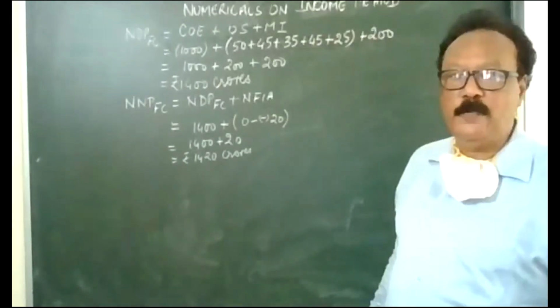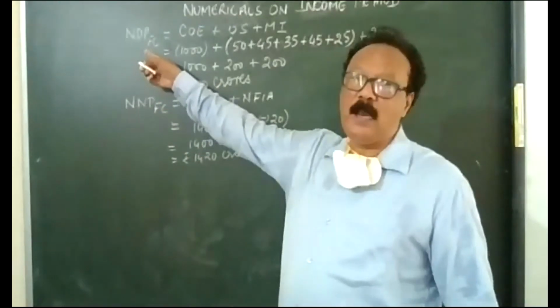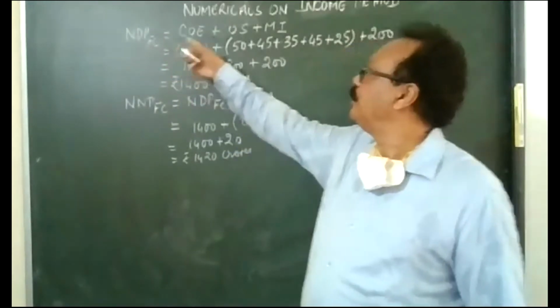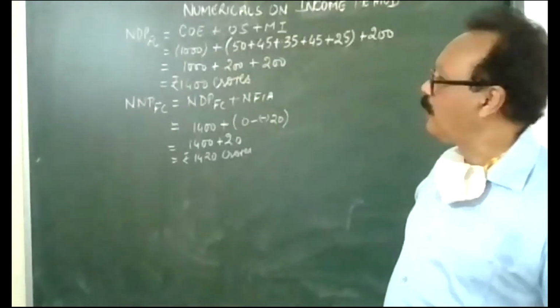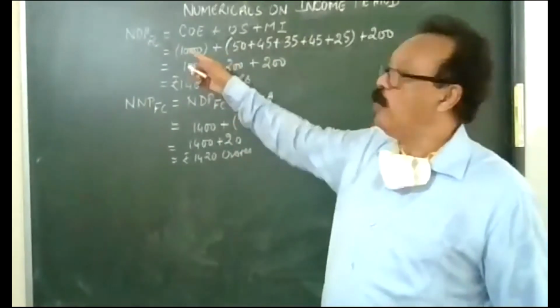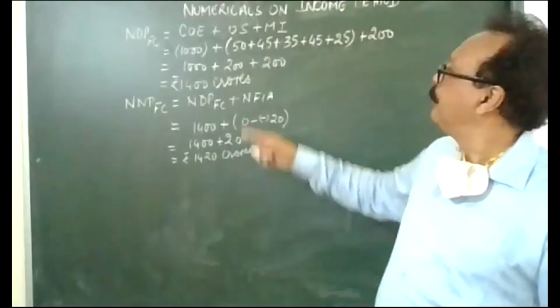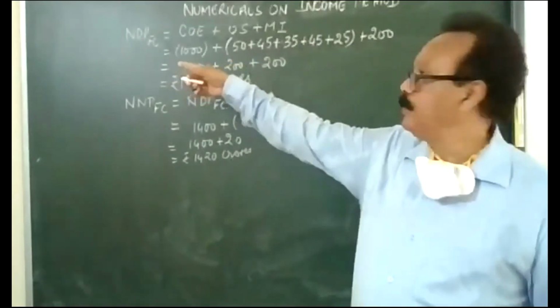So, quick revision. First step, calculate NDP at factor cost, which consists of all these three: COE plus OS plus MI. COE is given 1000, wages and salaries.